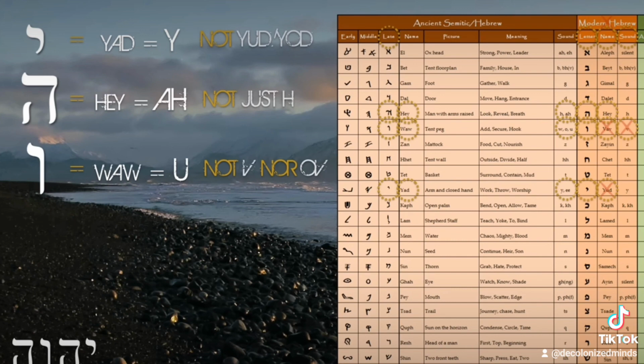Yod, Hey, Wah. Yeah, we know in English that is a word of ridiculed meaning, as Yahoo is a crazy person, right? Well, that's no coincidence. That's called profanity and taking the Lord's name in vain. See, they do that often.